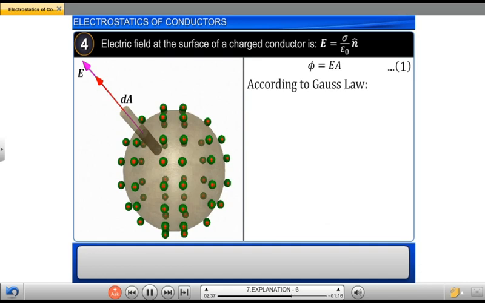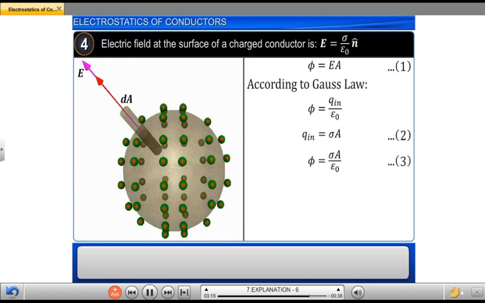But according to Gauss' law, we have phi equal to Q in by epsilon naught. Here, Q in is the charge enclosed by the Gaussian surface. Since the surface charge density of the surface of the conductor is sigma, we have Q in equal to sigma A. Let this be equation 2. Substituting equation 2 in the equation for electric flux phi, we get phi equal to sigma A by epsilon naught.